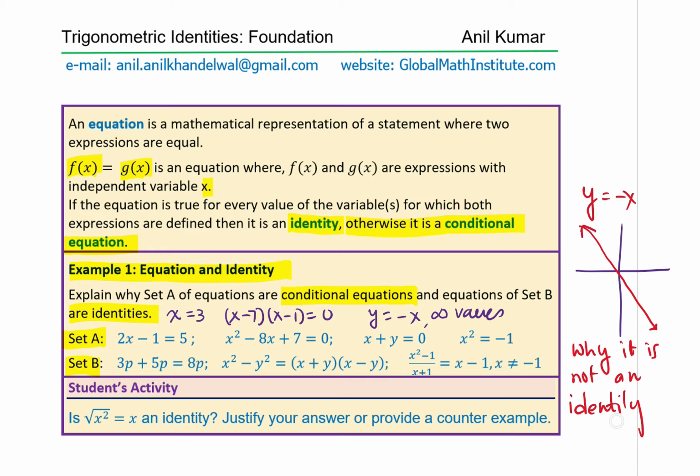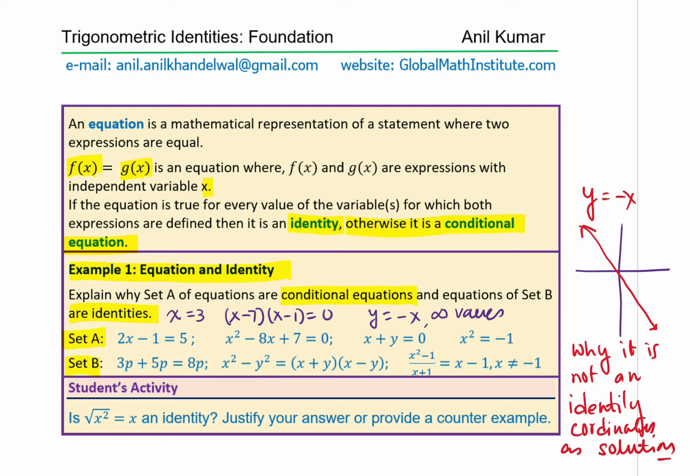Well, for an identity, any value of x which I put should work. But here we have only coordinate points, right? We have coordinates as solution, right? Do you understand? Not each and every value of x independently. Do you understand? We'll elaborate on this also. For example, when we talk about these identities, I'll tell you how they are different, right?